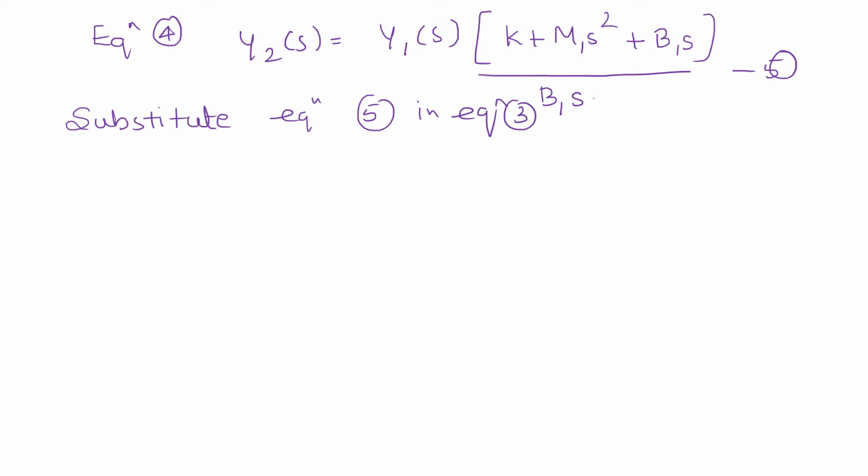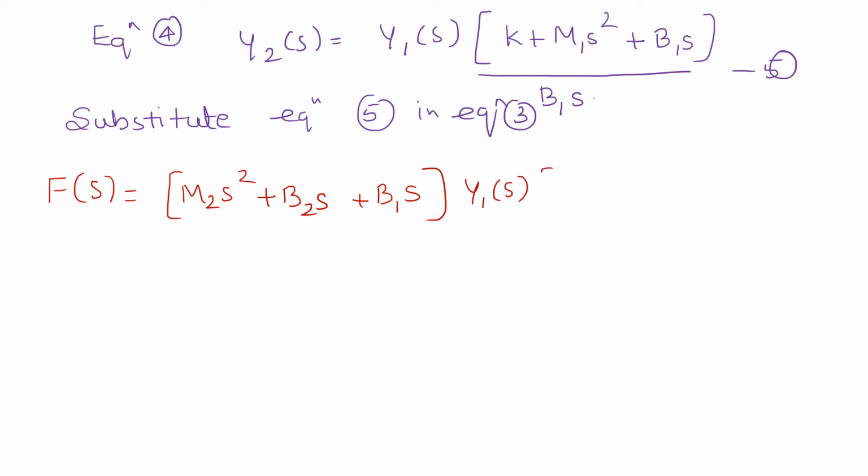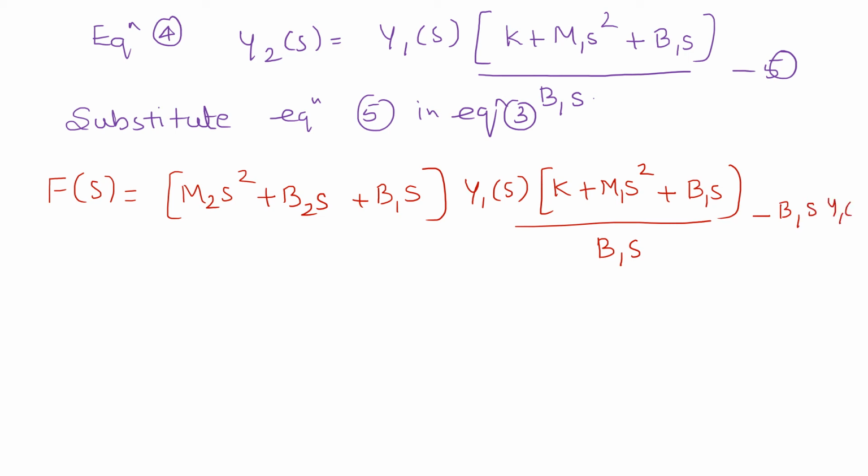F(s) is equal to m2 s square plus b2 s plus b1 s into Y2, and Y2 is nothing but Y1(s) into k plus m1 s square plus b1 s, divided by b1 into s, minus b1 s into Y1(s).